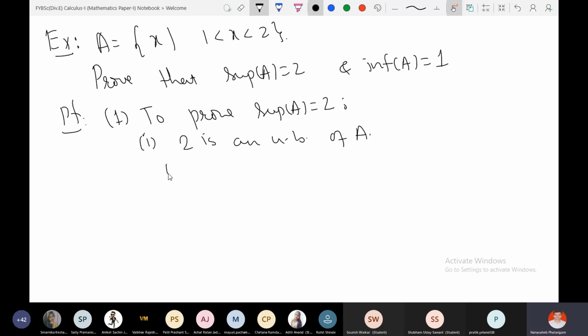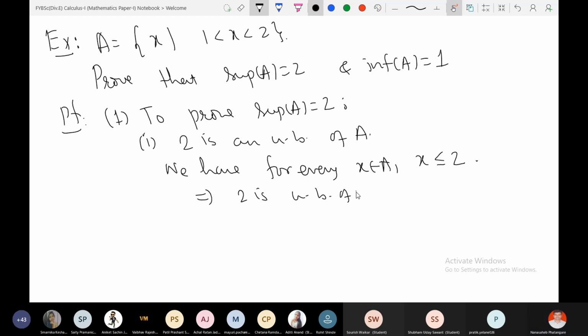For every member of the set, all members are less than 2, because the set contains all the real numbers greater than 1 and less than 2. So every member is less than 2, that is clear. Therefore 2 is an upper bound.